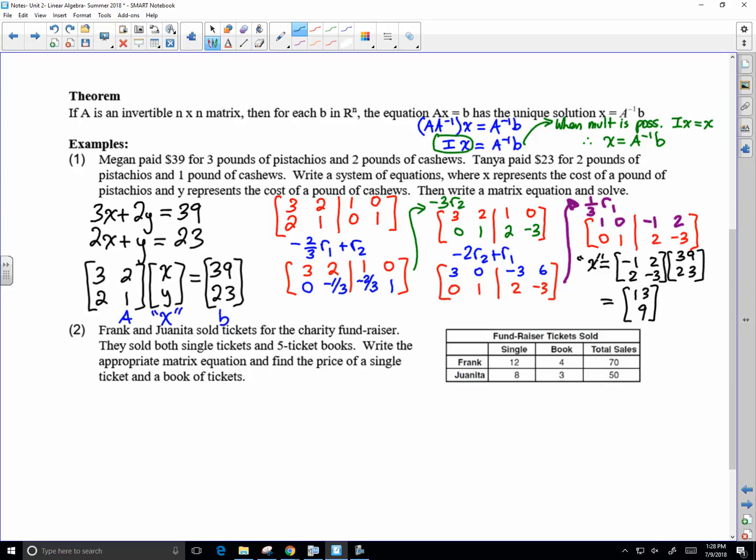So 7 and 9. So 7 pounds of pistachios and 9 pounds of cashews.